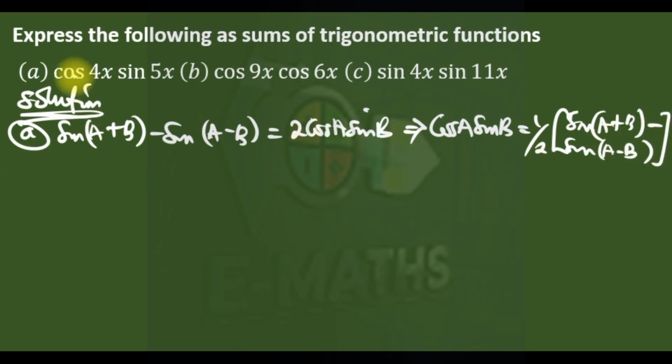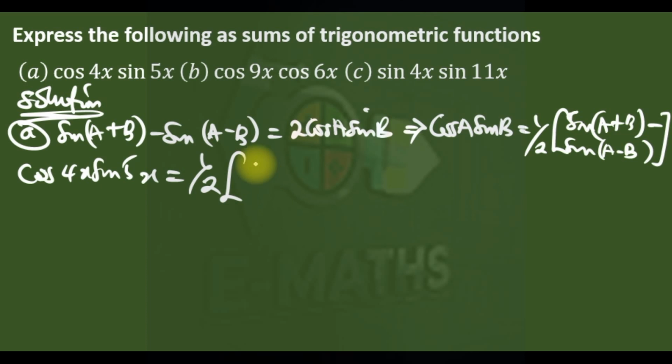Therefore, we have cos 4x sine 5x. Our A here is 4x and our B is 5x. So I have half of sine 4x plus 5x minus sine 4x minus 5x.